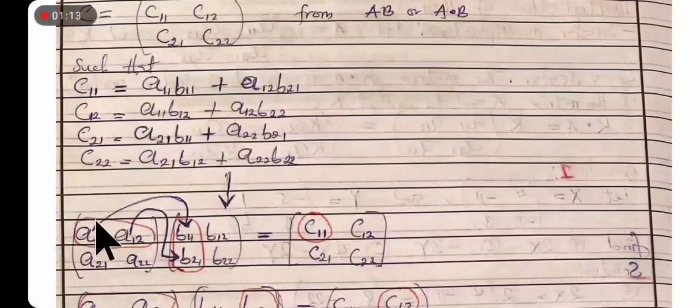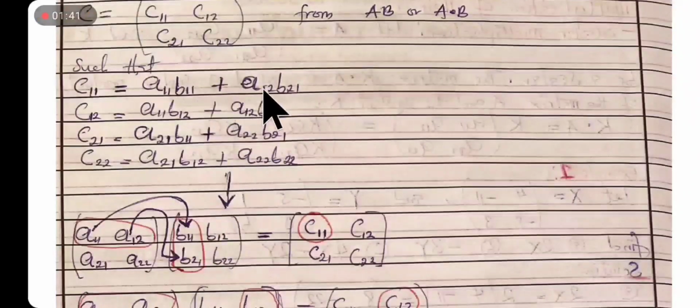You discover that A11, follow the arrow, is multiplied by B11, plus A12 is multiplied by B12.